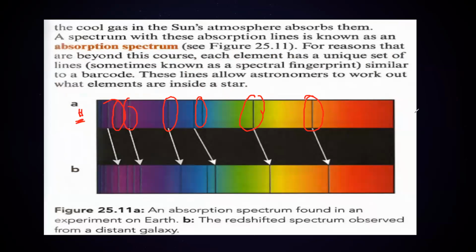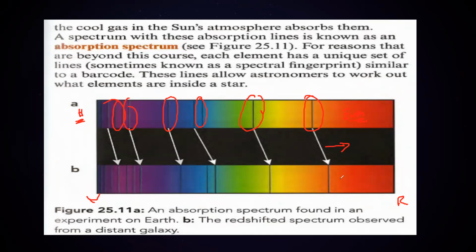So for example, this is what we observe for hydrogen on Earth. Then there is also hydrogen present on any galaxy, and we observe the same pattern, the same trend, but it is shifted towards red. Like this is red and this one is violet.